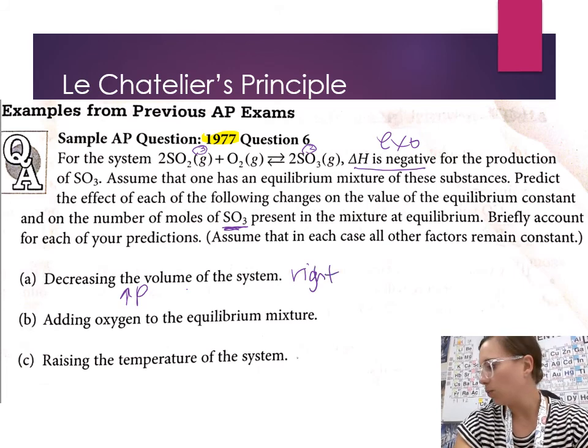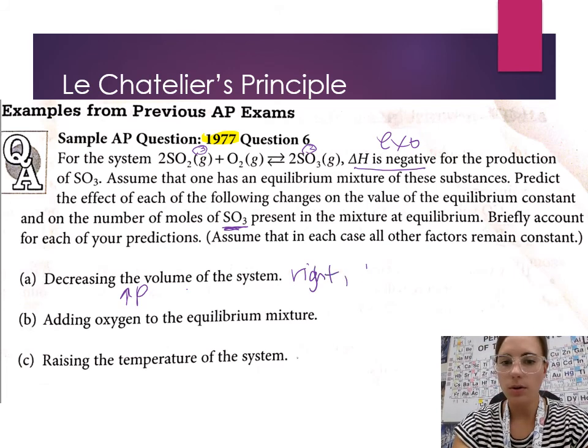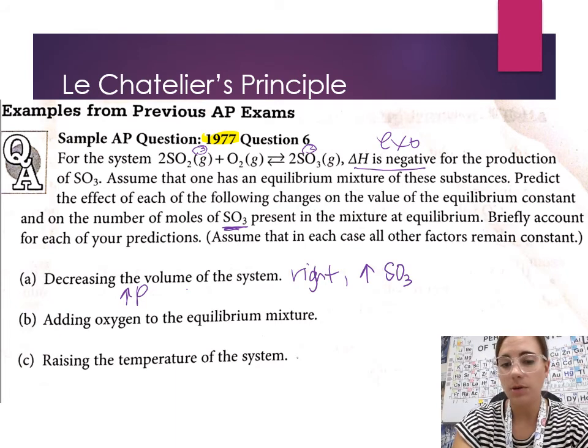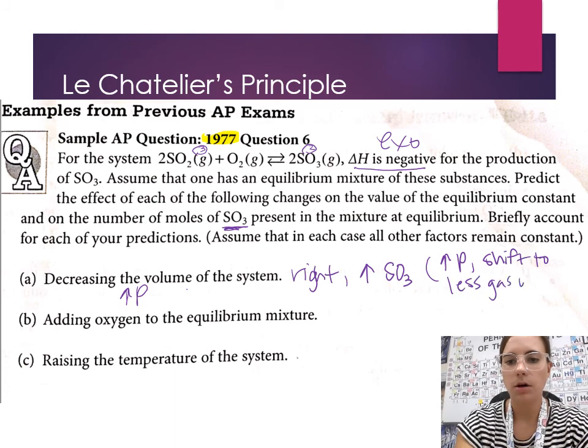So shifting right is going to increase the amount of SO3. And the explanation is that increased pressure shifts to fewer gas molecules.